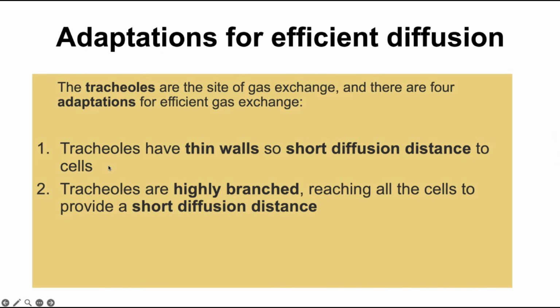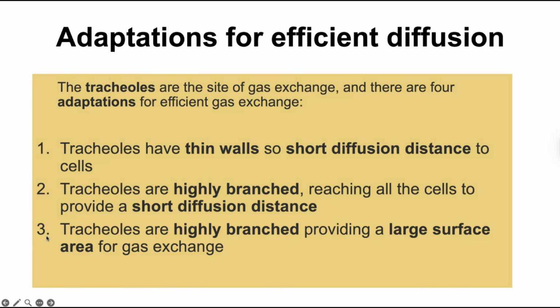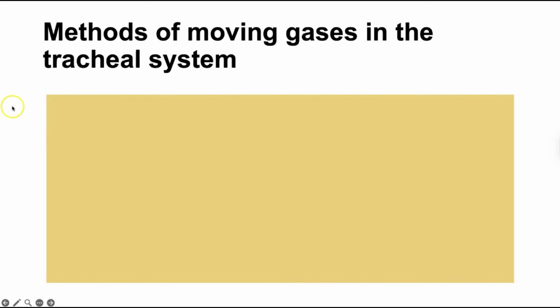Tracheoles are also highly branched, which provides a short diffusion distance because they're reaching so many cells that there's never going to be a big distance between the tracheoles and these cells. And also because the tracheoles are highly branched, that provides a large surface area for gas exchange. So these are our adaptations for short diffusion distance and large surface area.